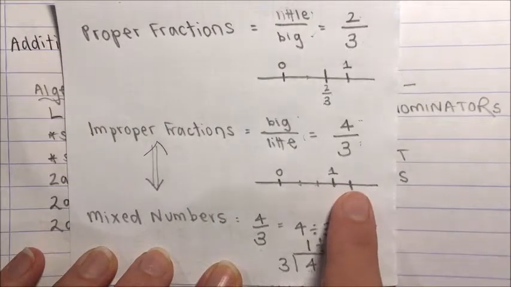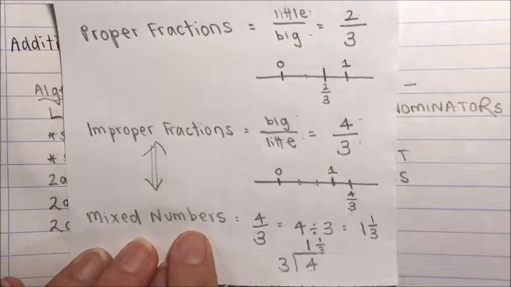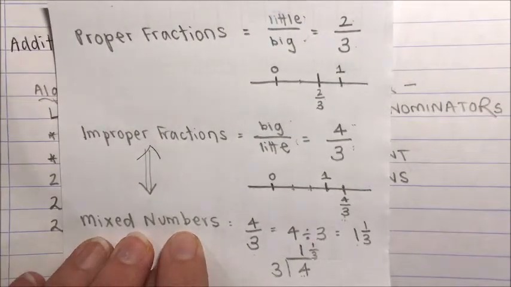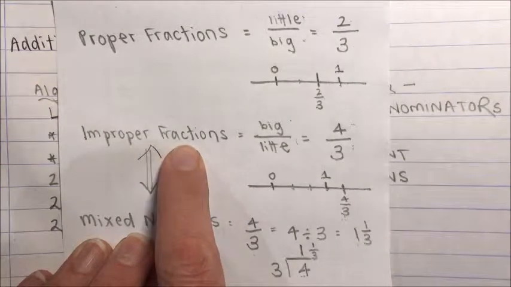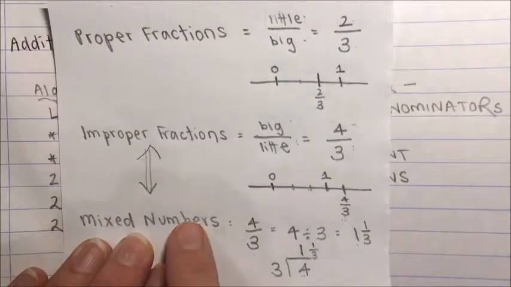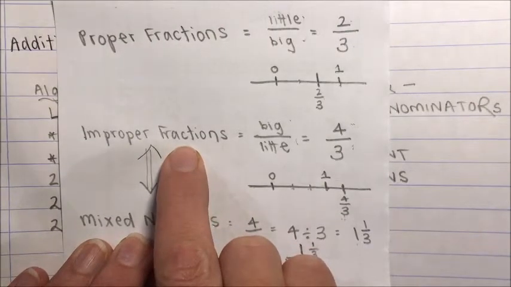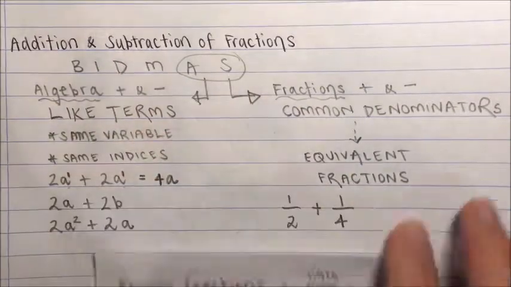So when we're doing addition and subtraction of fractions and we look at mixed numbers, it's really good if we can start by turning them back into improper fractions, just writing them in a different context. That way we're dealing with like terms.